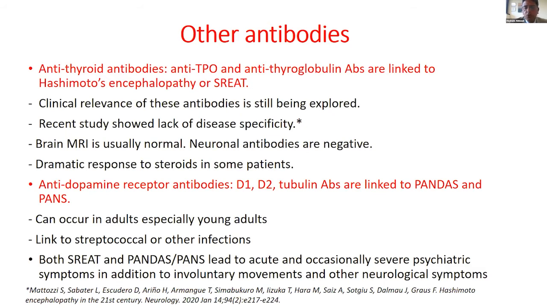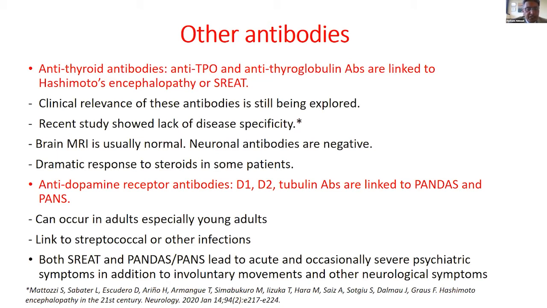But we're seeing more and more adult onset PANDAS and PANS-like conditions. PANDAS stands for Pediatric Autoimmune Neuropsychiatric Disorder Associated with Streptococcal Infection, and PANS is Pediatric Autoimmune Neuropsychiatric Syndrome that is not necessarily linked to streptococcal infection, maybe to viral infections or just idiopathic. And we're seeing more such patients, especially young adults coming to clinic.